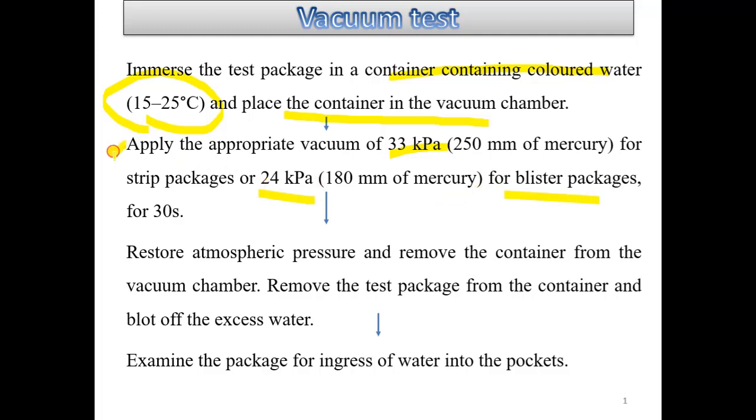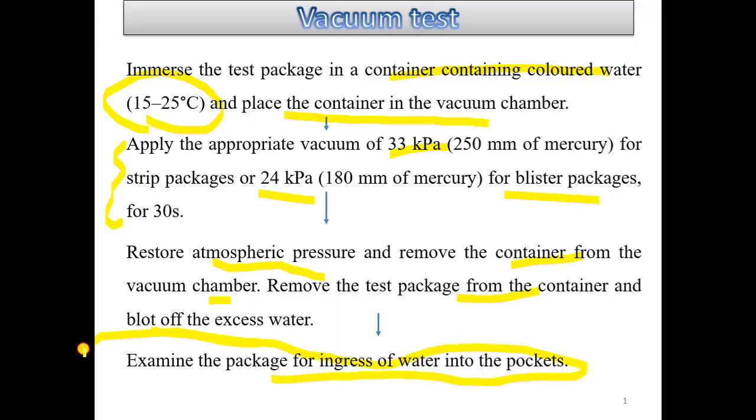This is the limit of pressure for different packaging materials. Now restore the atmospheric pressure and remove the container from the vacuum chamber. Remove the test package from the container, blot off the excess water, and examine the package for ingress of water into the pockets. So we have to see the damage of our package, and after that we can decide whether our test is pass or fail.